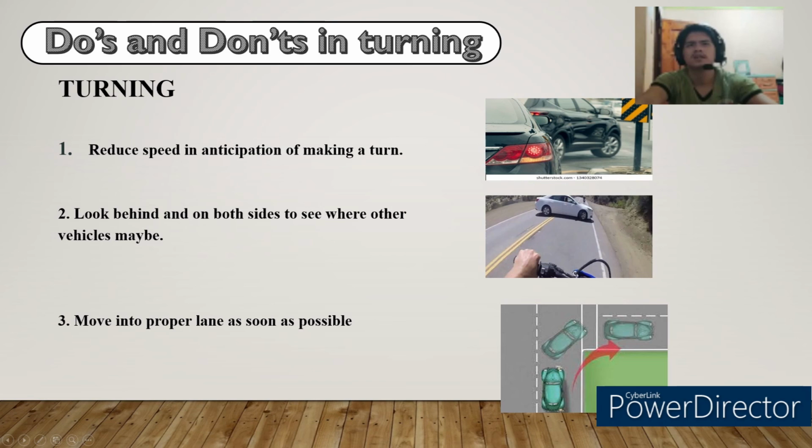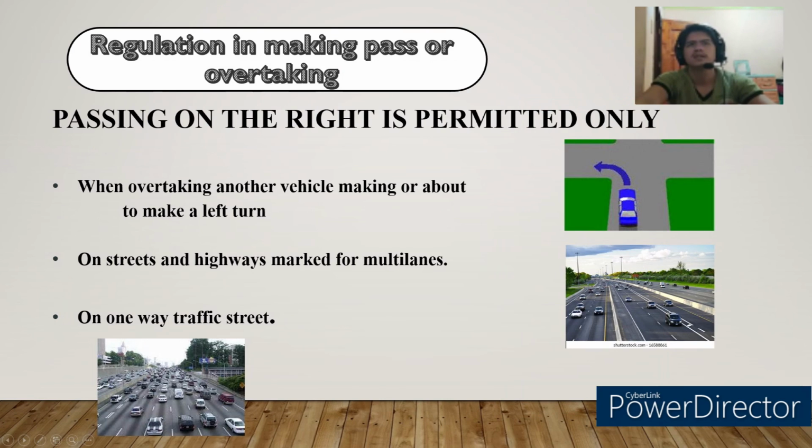So those are the do's and don'ts in turning. Next is regulation in making a pass or overtaking. When overtaking another vehicle, passing on the right is permitted only when overtaking another vehicle making or about to make a left turn.